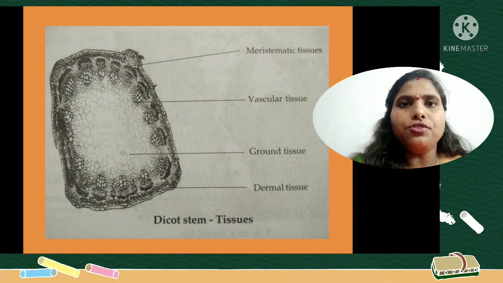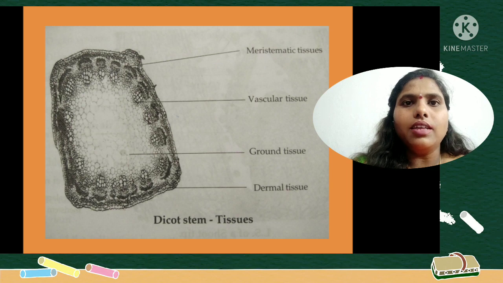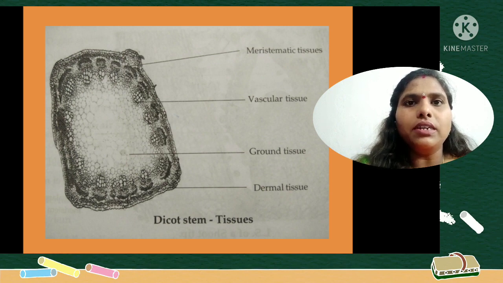For the observation of various tissue types in this dicot stem, we can take a dicot stem and make very thin cross sections using a blade. Make 4 or 5 sections in a thin manner and keep them in a watch glass which has water.